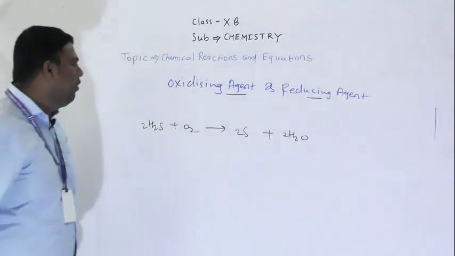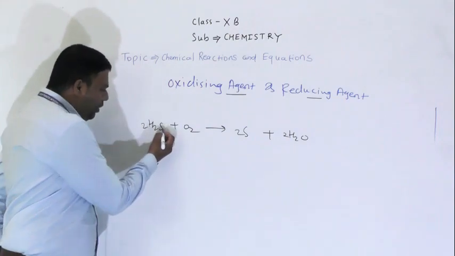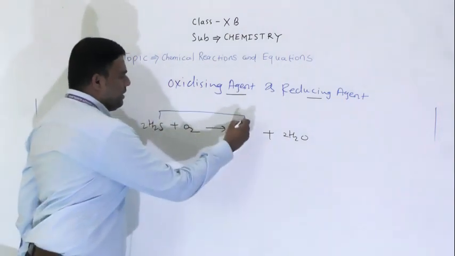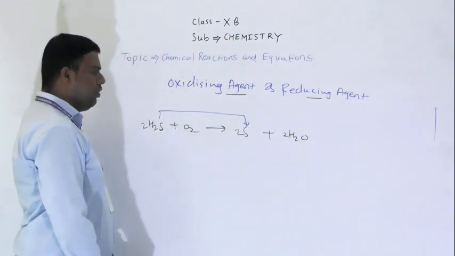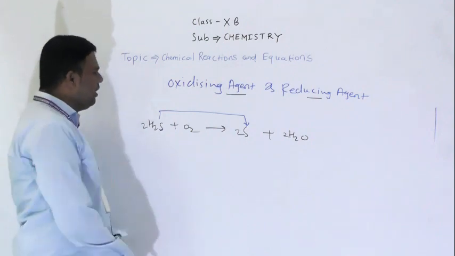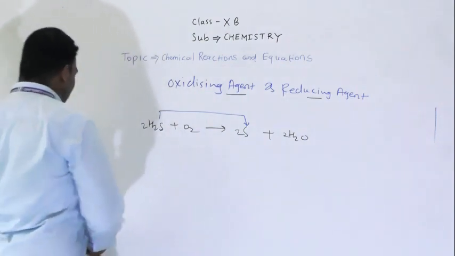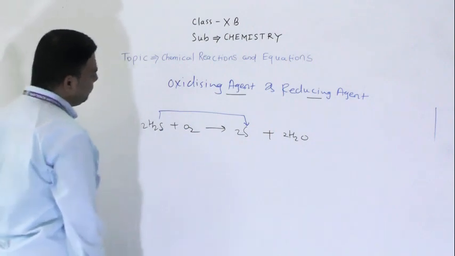So see our previous concept. This H2S to S: sulfur is an electronegative element. Now see how the oxidation will occur.